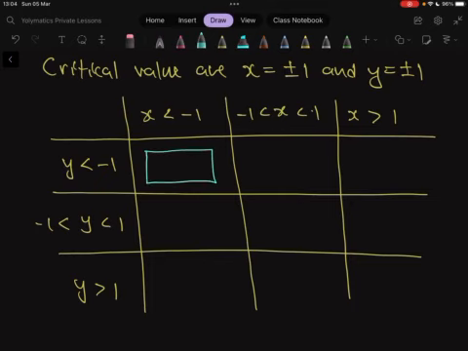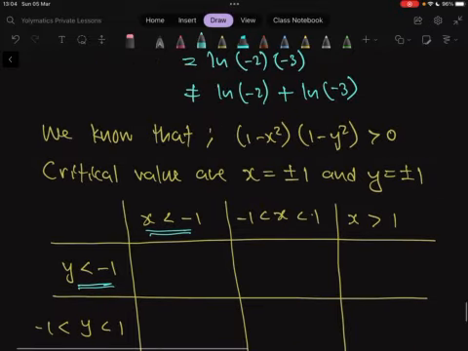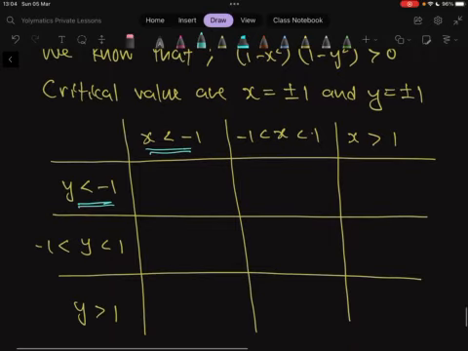To see what is happening in this region, I'm going to take any value that satisfies this inequality and any that satisfies that. Maybe for x, I'll take -3, and for y, I'll take -5. Then I'm going to plug these in there and there. Because of the square, I will have a negative bracket and a negative bracket, which will multiply to give me a positive bracket, like that.